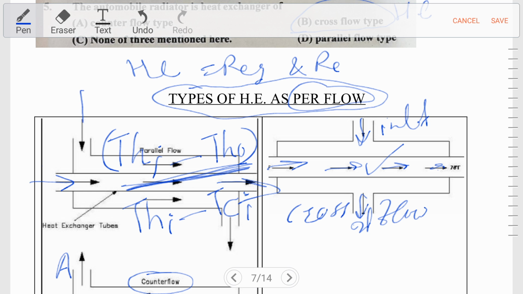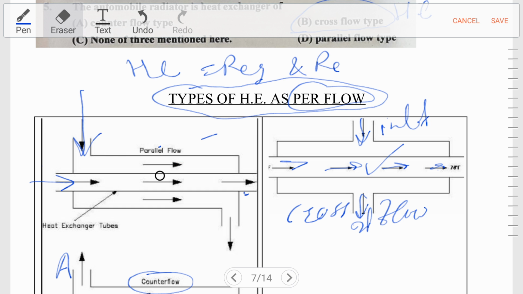So as we can see here, the difference of temperature of hot medium inlet and outlet, and the temperature difference of hot medium inlet minus the temperature of cold water inlet. Okay, clear.